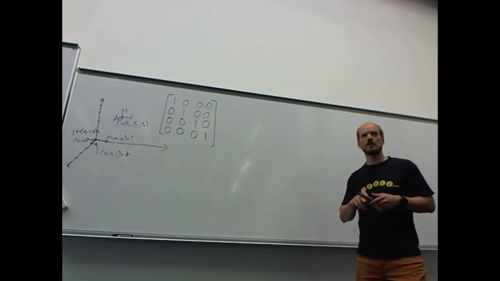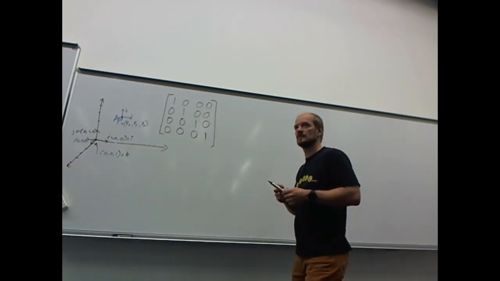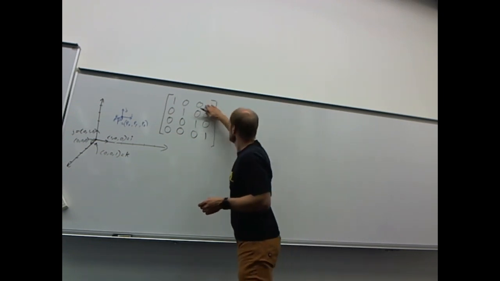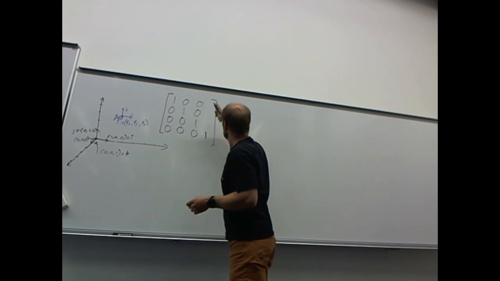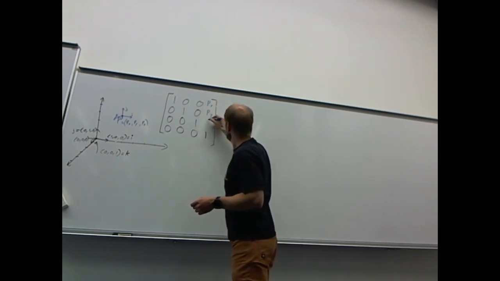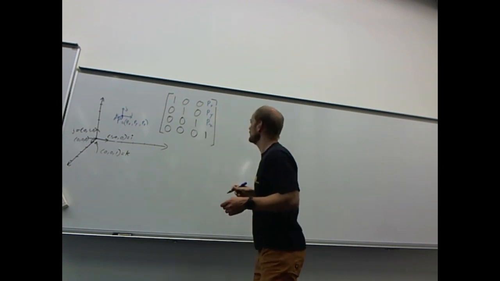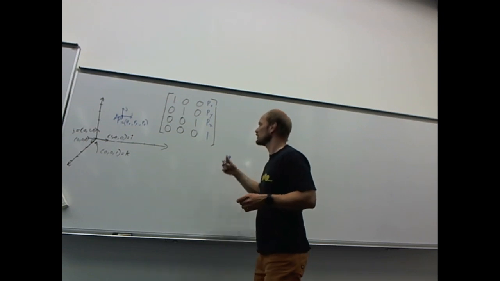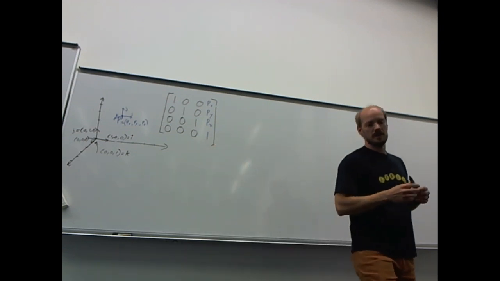Where would that be put into? Yes, you just put Px, Py, and Pz in the last column, the fourth column here, Px, Py, Pz, and 1.